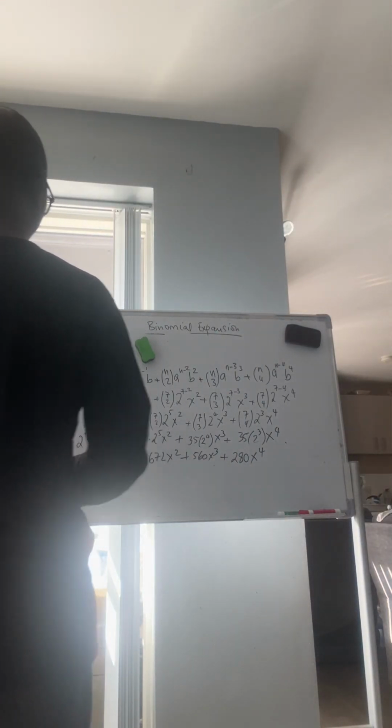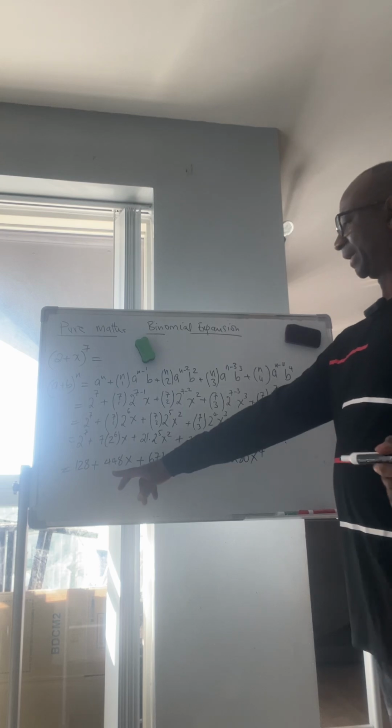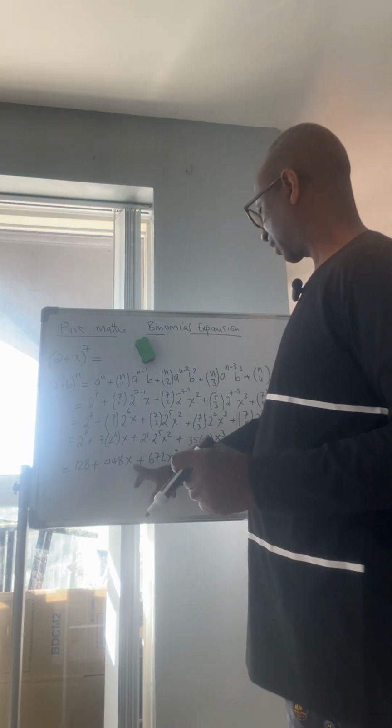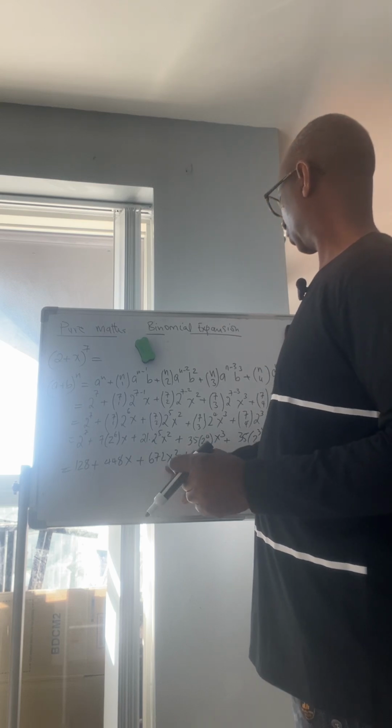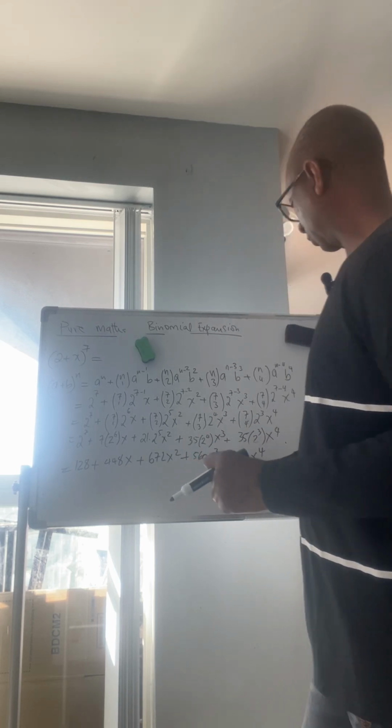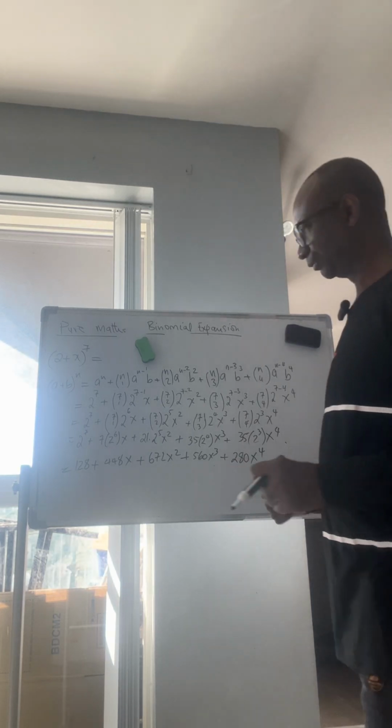This is what you get: 128 plus 448x plus 672x squared plus 560x cubed plus 280x^4.